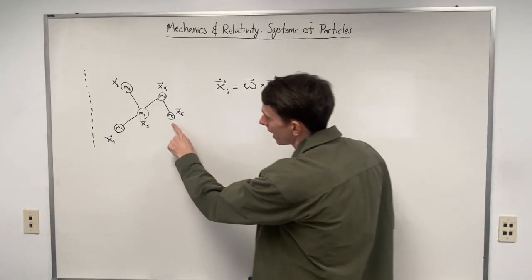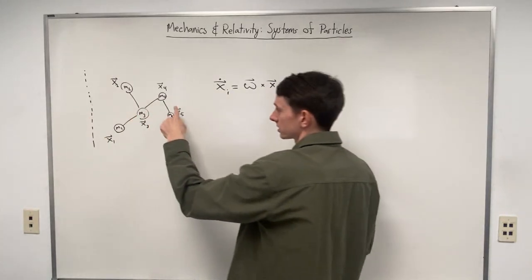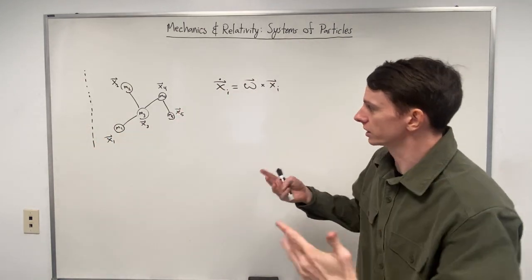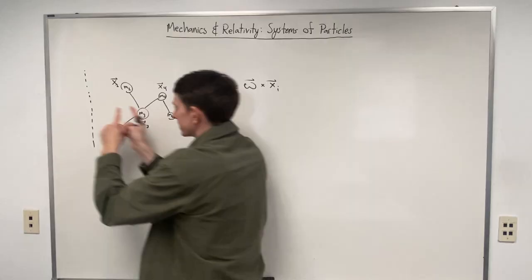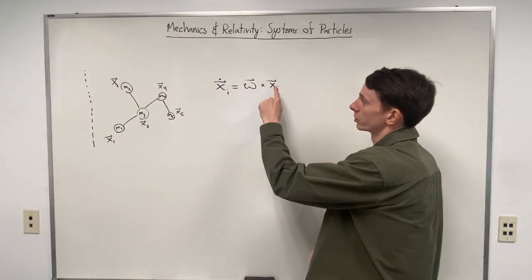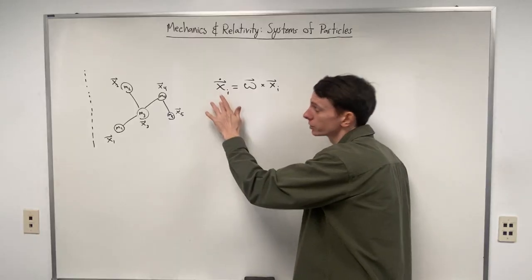It's true that M5 will have had to cover more distance than M1, so if you're going to cover more distance in the same amount of time, you're going to be moving faster. So each particle is going to have a different position and different linear velocity.